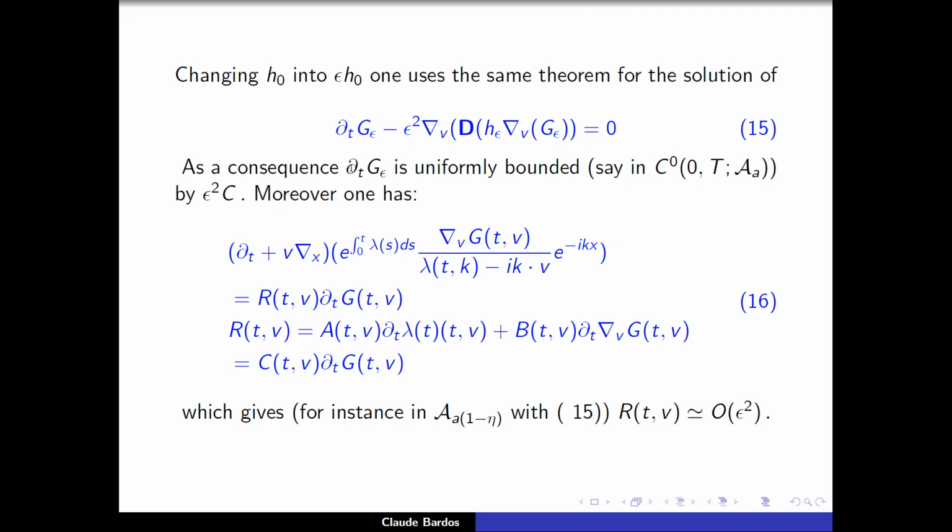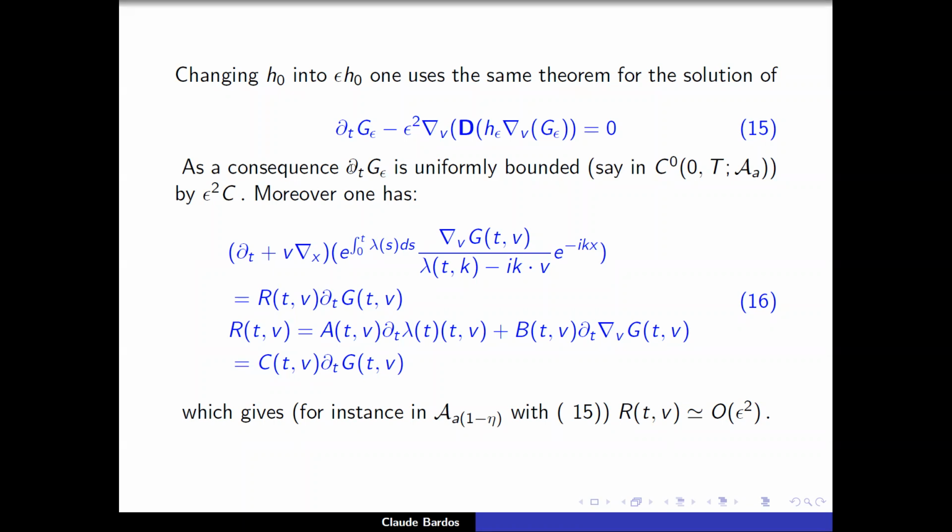Then, when it is done, I will do the same thing by rescaling the perturbation. Rescaling the perturbation means changing G of V by G of T plus epsilon H of epsilon. But the introduction of G was a quadratic operation that makes appear an epsilon square in the equation 15.